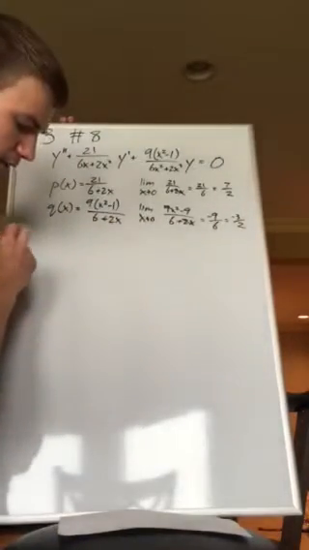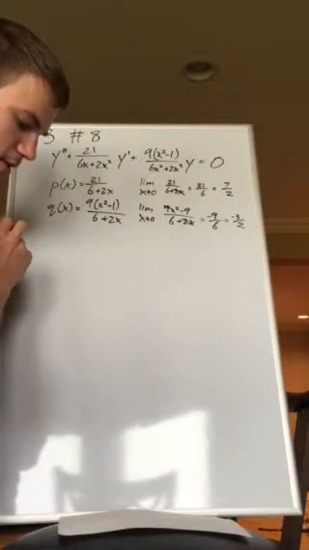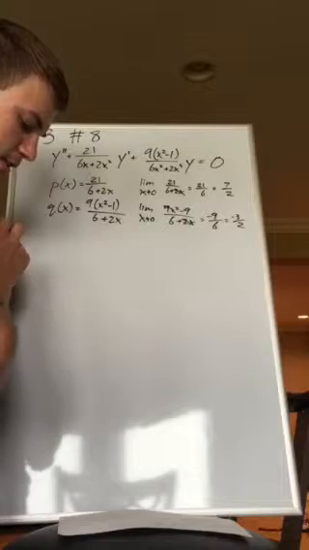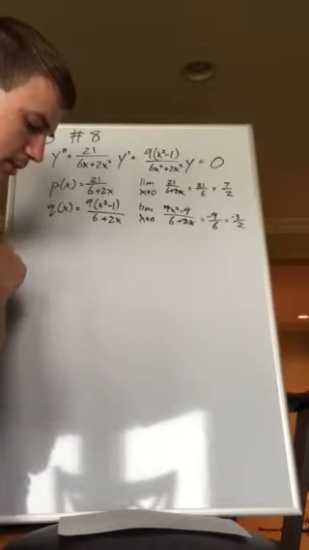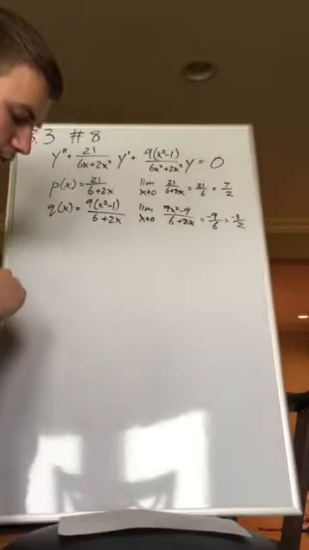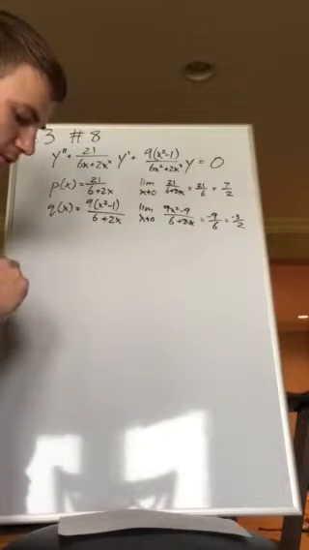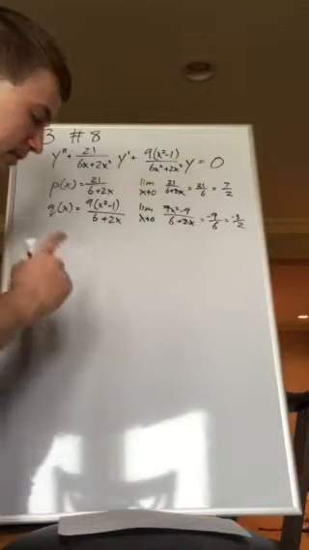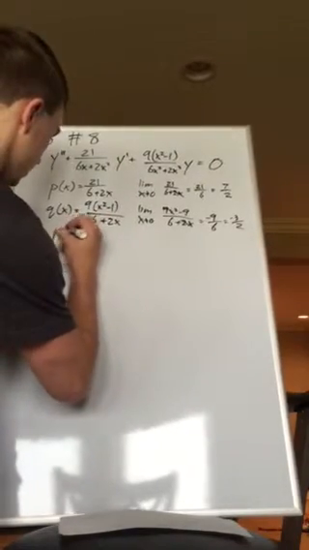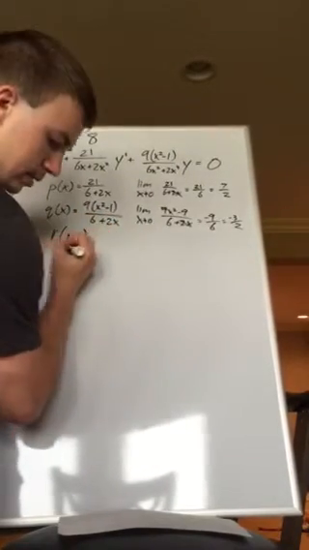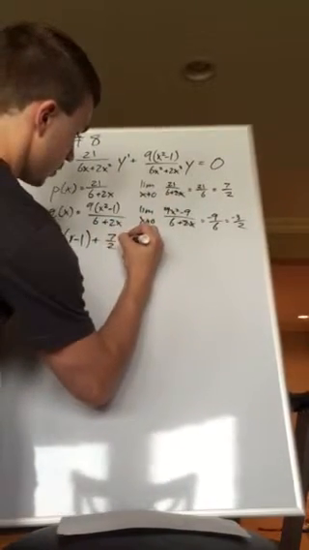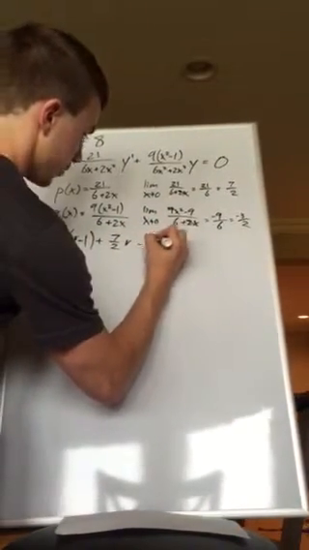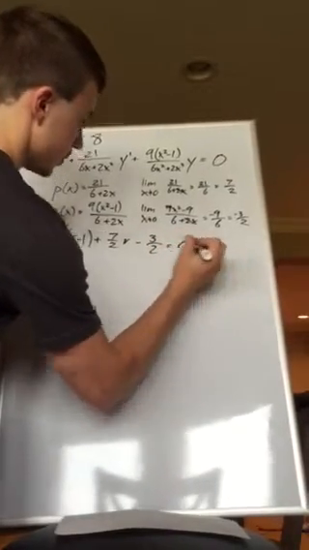That's given as r times r minus 1 plus our p of 0, which we just found, or p naught, times r plus our q naught, which we just found also, and that's equivalent to 0. I'm going to put that in and write it out for us. So r times r minus 1 plus 7 over 2 r minus 3 over 2 equals 0.